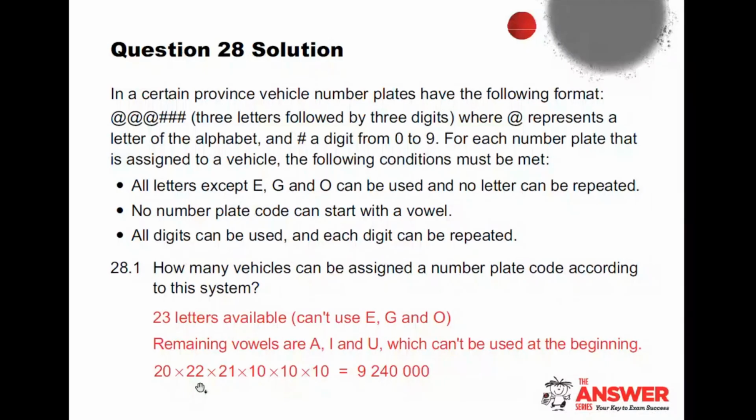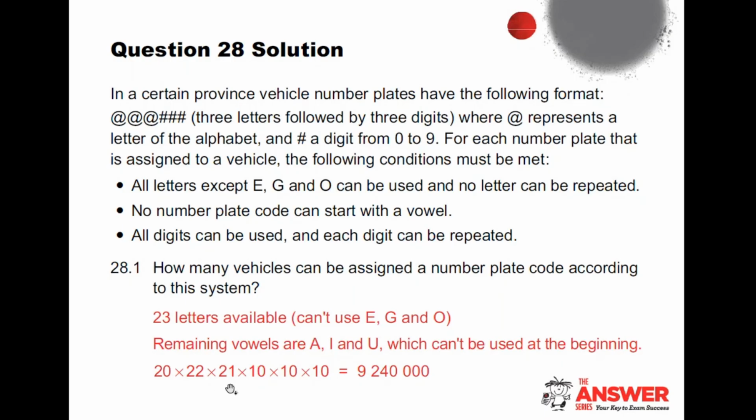How many letters can go here? Well, there's nothing about A, I, and U with my second and third ones. So I had 23 letters in the alphabet. 1 has been used already in the beginning, which means I can only have 22 left because I cannot repeat letters.